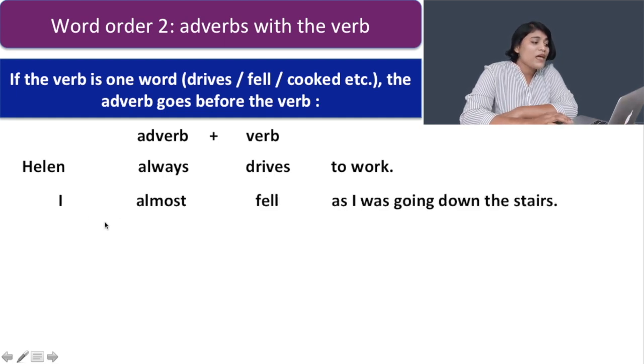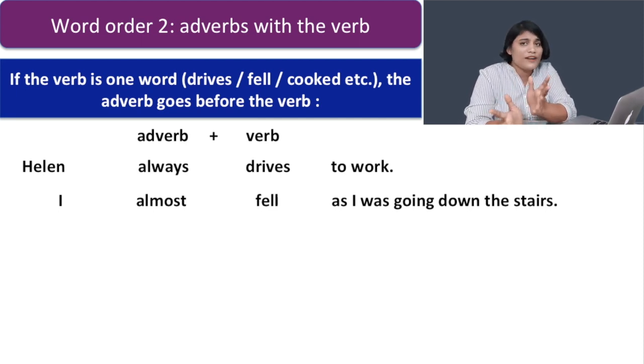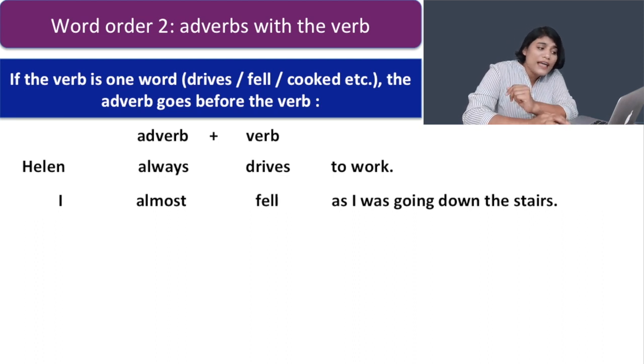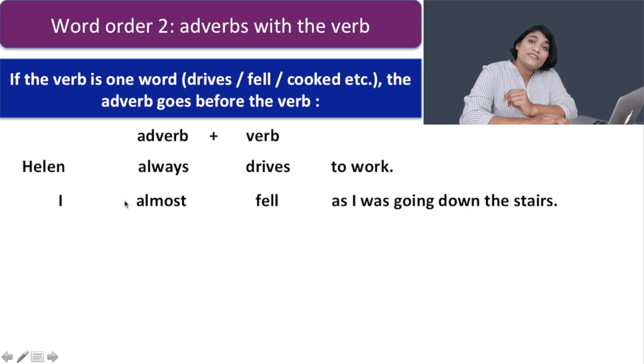Next example: I almost fell as I was going down the stairs. Here you find the verb is a single main verb, no auxiliary verb. So in that case also you have to put the adverb just before the verb.